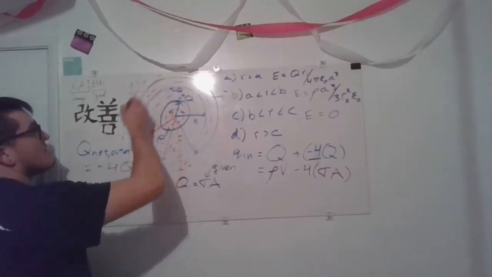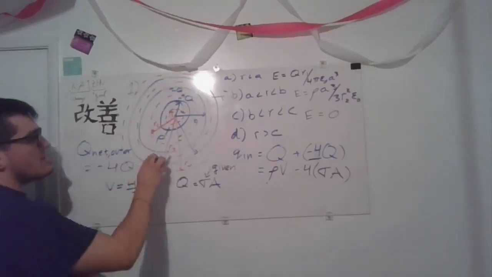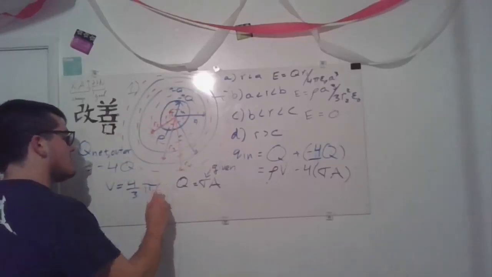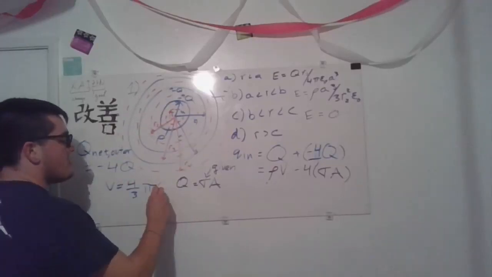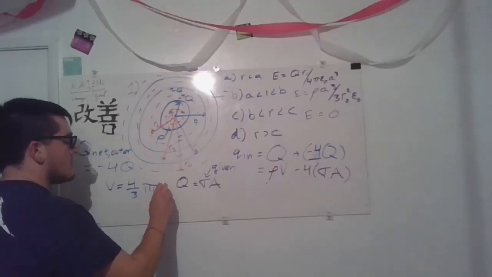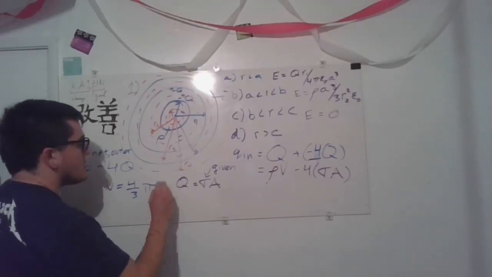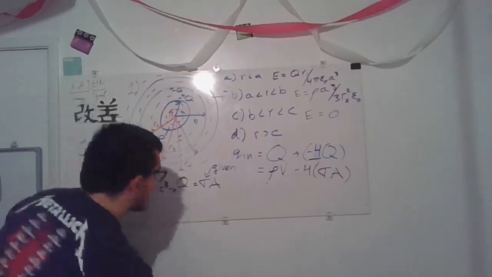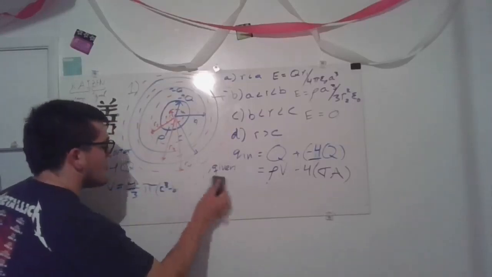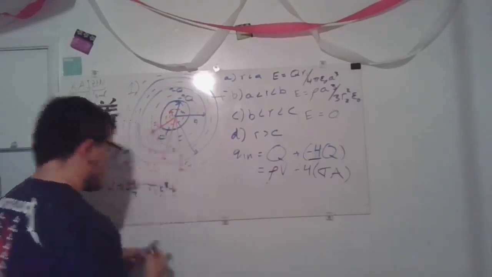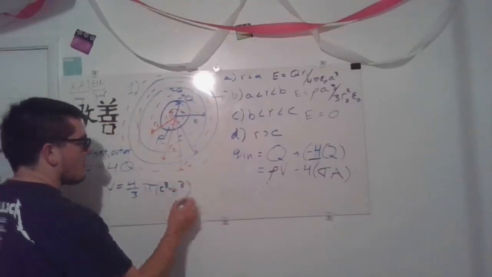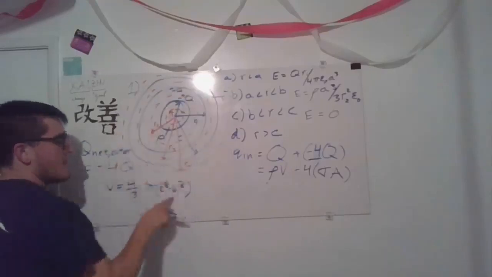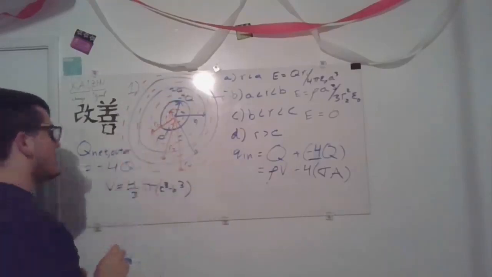And for this sphere, isn't this sphere hollow? It is hollow, right? So this is what the volume will look like: C cubed minus B cubed. That's the outer shell minus the inner shell, right?